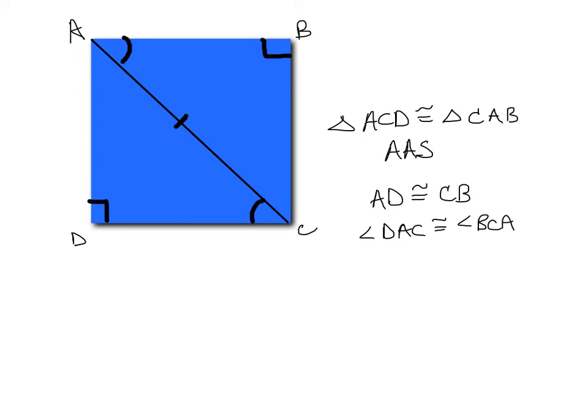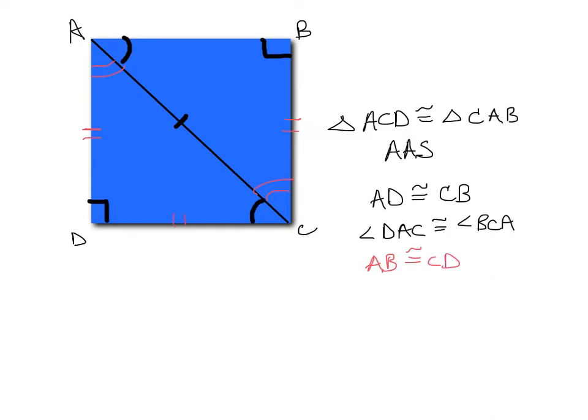Okay, and if I were to go and mark these, this one and that one are congruent to each other. I could also say that side AB now is congruent to side CD.